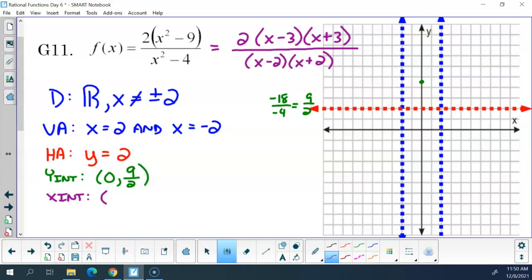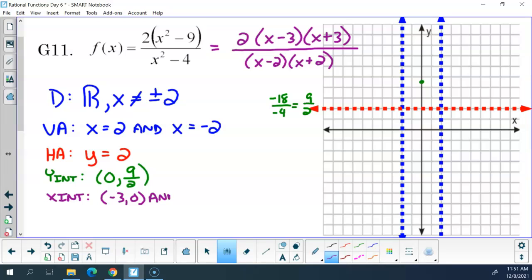How do you do that? Solve. Do it. How did we do it before? You set the numerator equal to 0. X plus 3 equals 0 is x equals negative 3, so you got negative 3 comma 0.